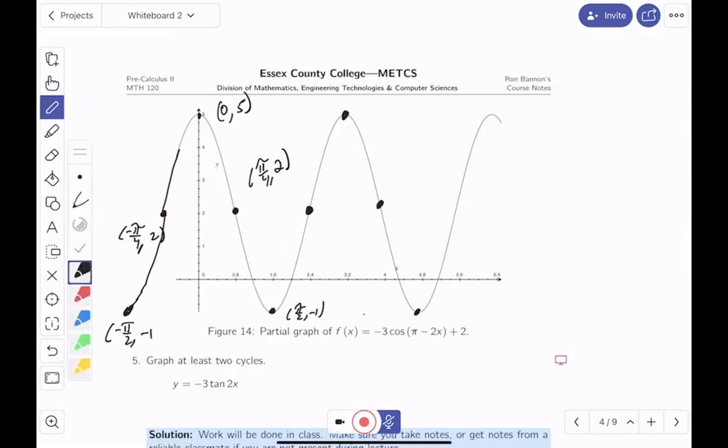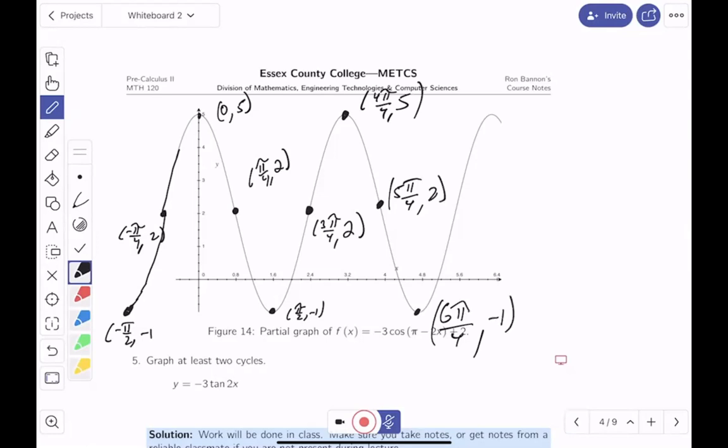I'm going to write that down for you. 4 pi over 4, 5 pi over 4, 6 pi over 4. All right, let's put the other number down, the y number. 2, 5, yes, I'm looking at my picture, 2, minus 1, and we're done.